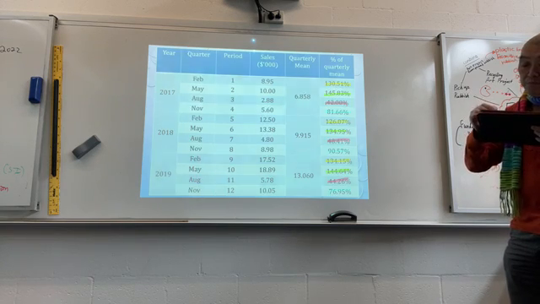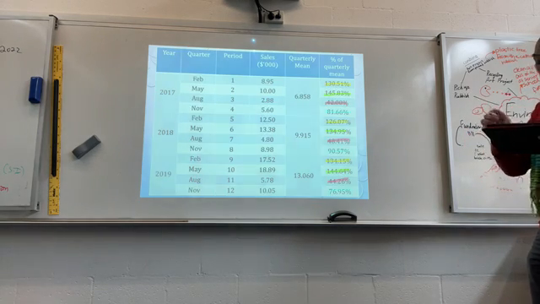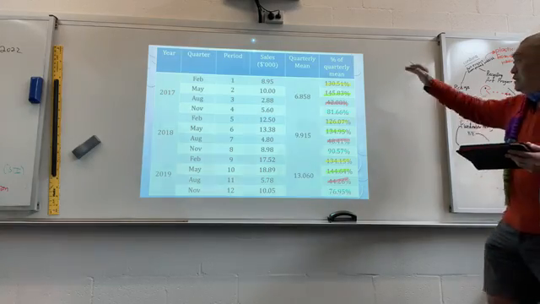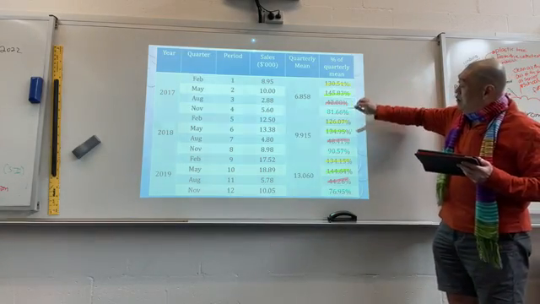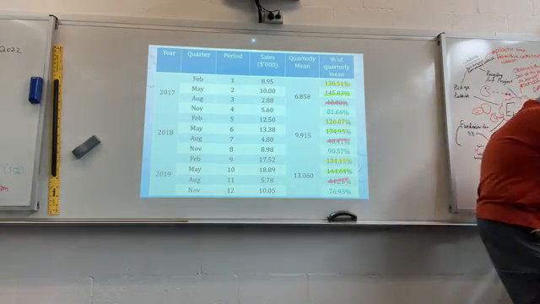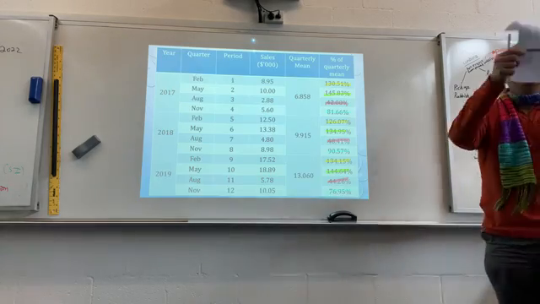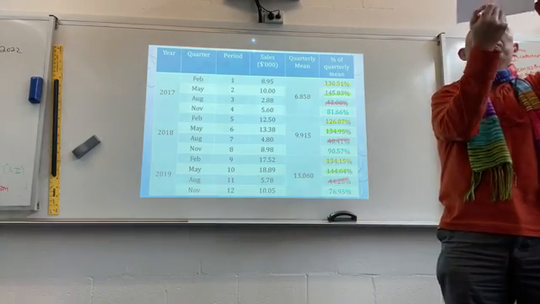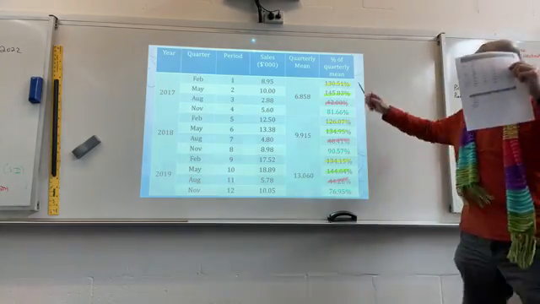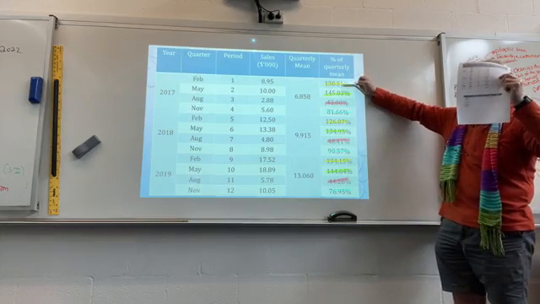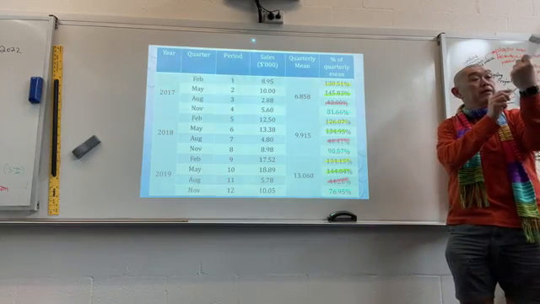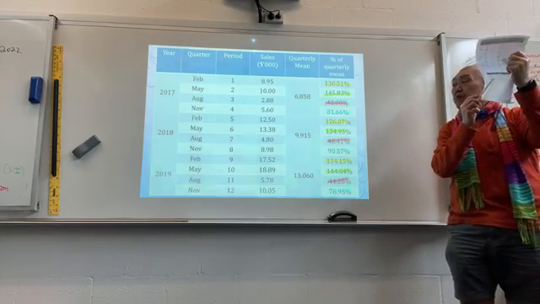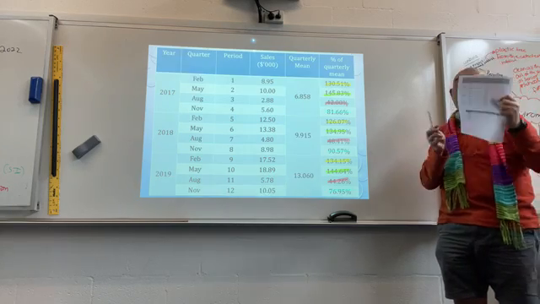Alright? So this is what we're going to look at. We're going to sum this up in the table, in this table. The next table, you need to summarize your data, as in February 2017, February 2018, February 2019.